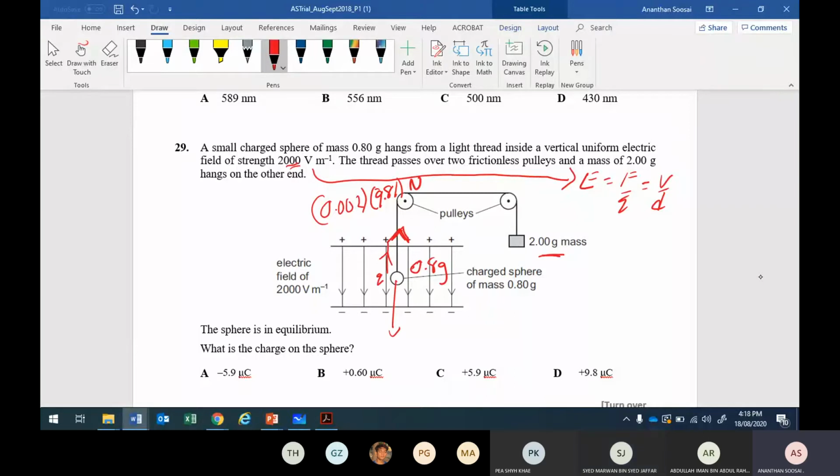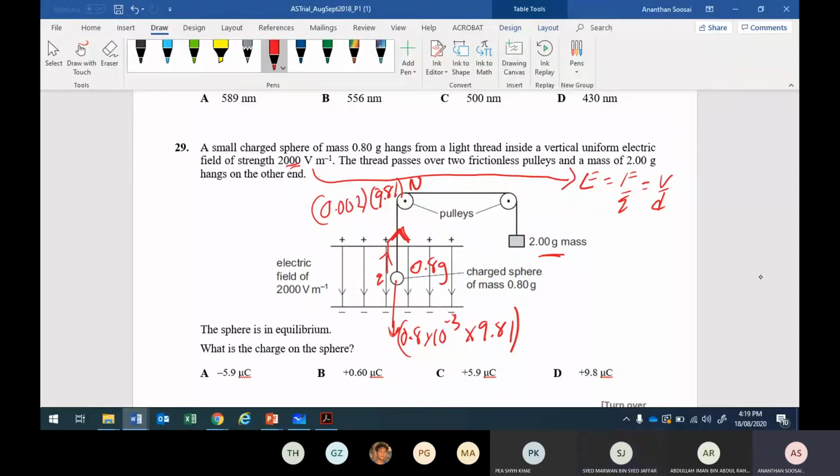The 0.8 gram weight, which is 0.8 times 10 to the power of negative 3 kilogram times 9.81. This is the force acting down. Force acting up is the weight of the 2 gram.